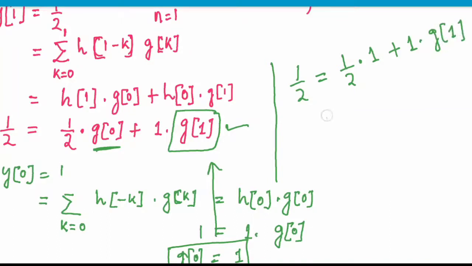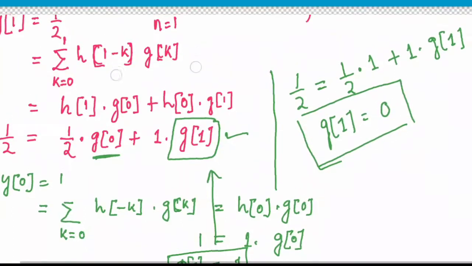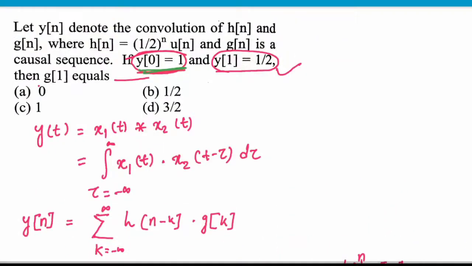So g of 1 will be half minus half, which is equal to 0. The answer is 0. This is a very easy question and only needs the calculation and the convolution formula for the discrete function. So this is the end of this topic.